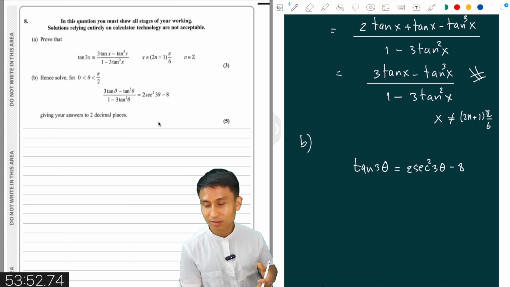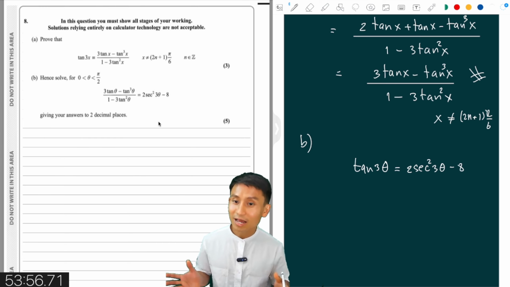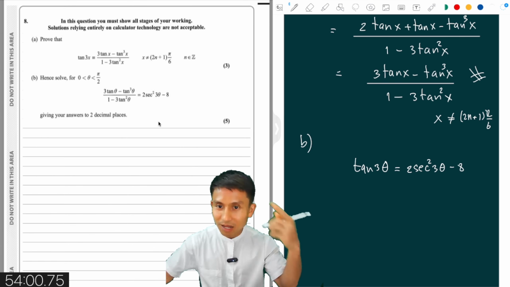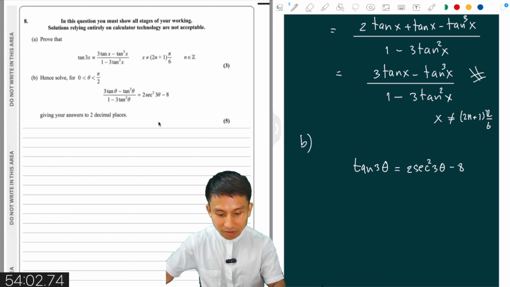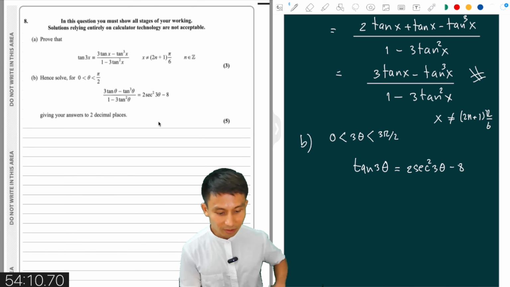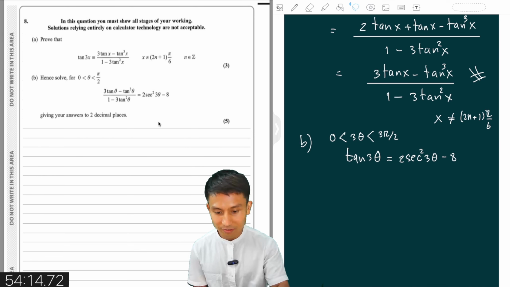Otherwise, you will maybe not get all of the answers or get more answers than you should. So if you multiply the whole domain by 3, you get 0 less than 3 theta less than 3 pi over 2. All right? Okay, just for the sake of solving with a CAST diagram later, right?